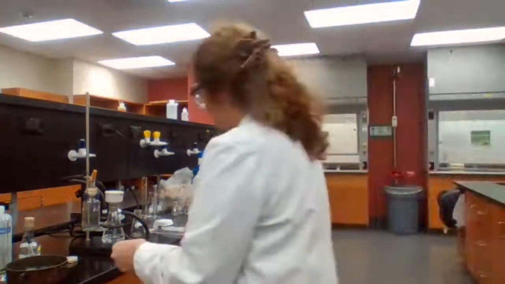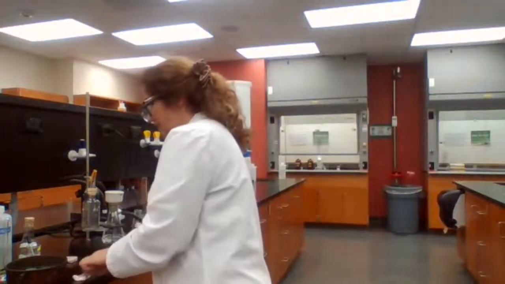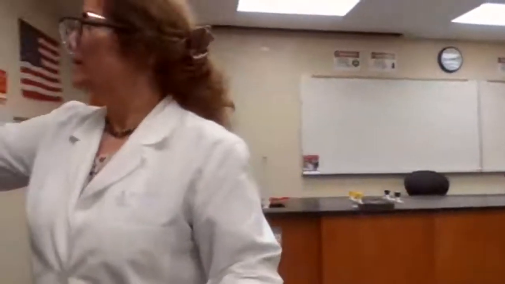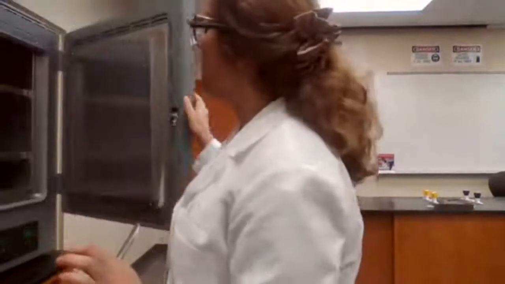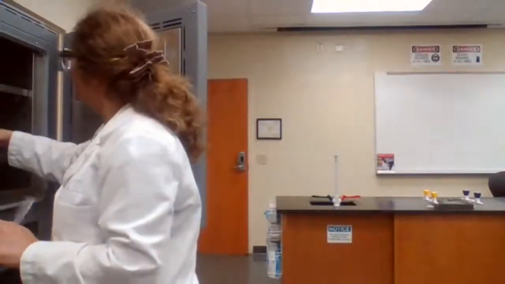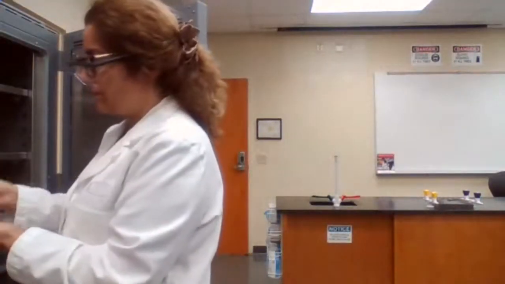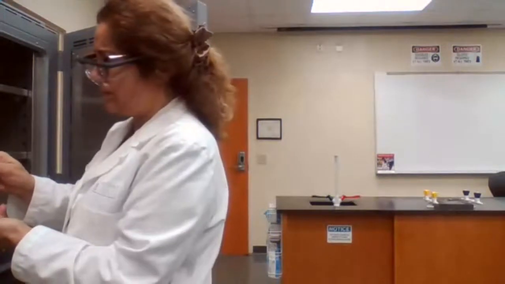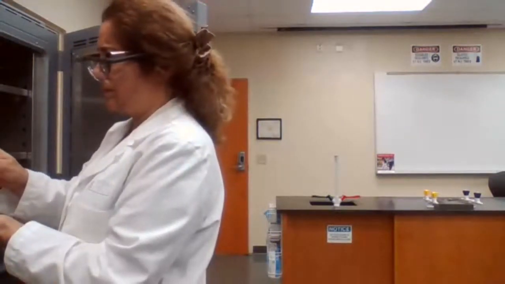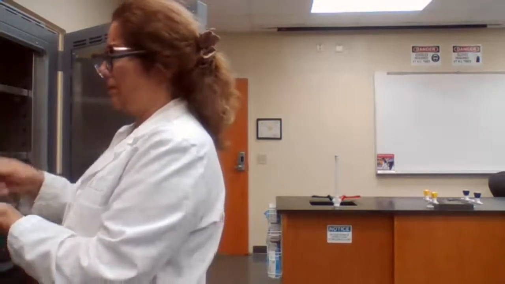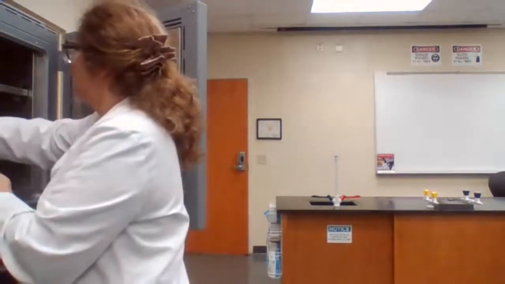Okay, it's time to check if the sample is dry. It might be dry, may not be dry, but if it's dry, we can take it to the instrument room and get the melting point. We usually check the paper.